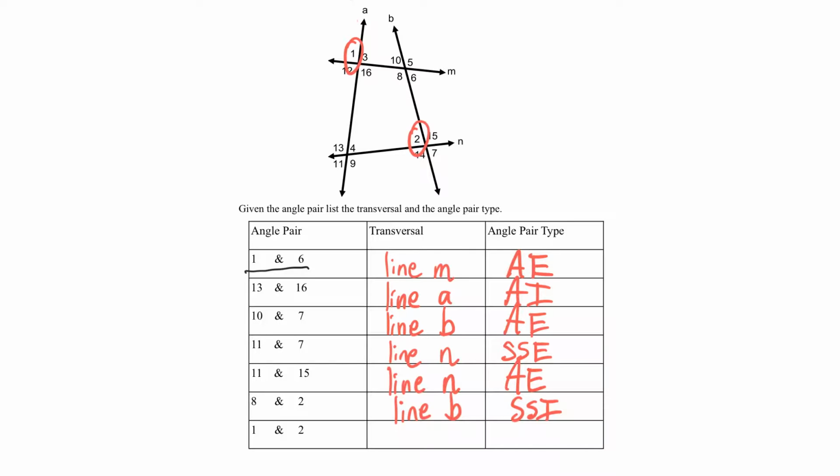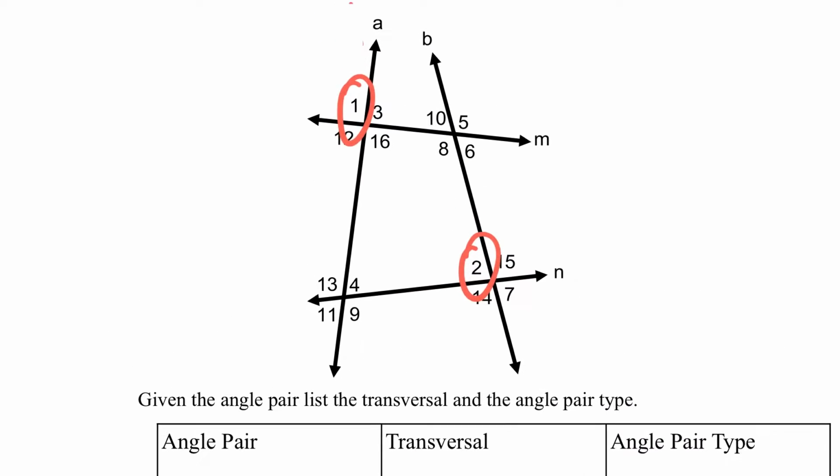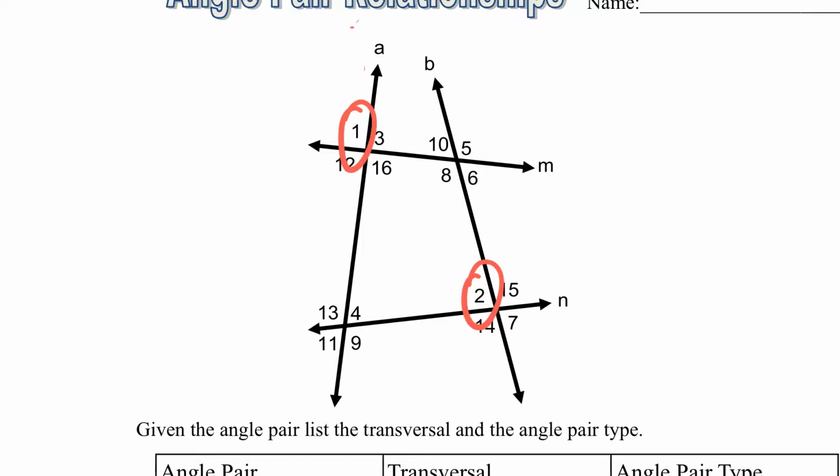Now this last one. So 1 and 2. Okay, so it's kind of a trick question. So look at that. Is there one line that directly connects angle 1 and angle 2 together? No. There's not one line. There's not a transversal. There's not a line that goes across 1 and 2. So to get from 1 to 2, you would have to go down this line and then go down this line.